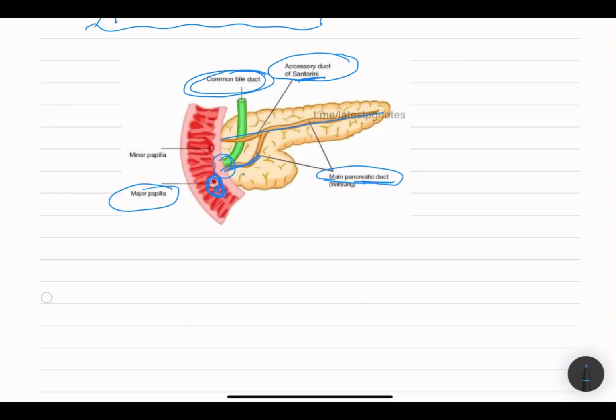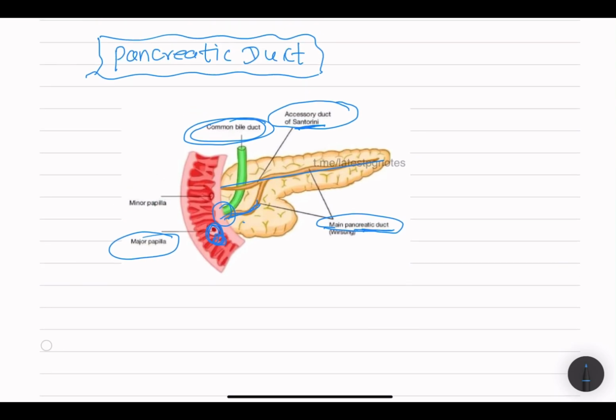And if there is any obstruction at the major papilla, during the secretion of pancreatic enzyme, it goes through this accessory duct into the duodenum, and the digestive system will continue.